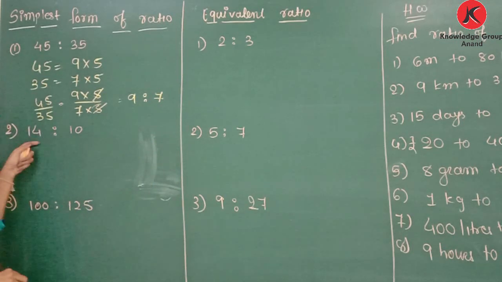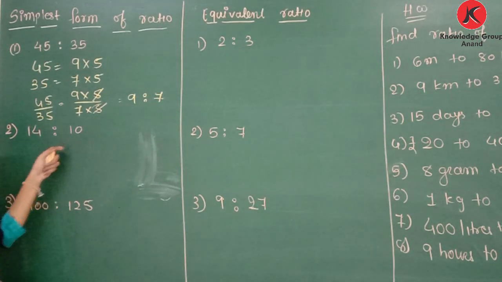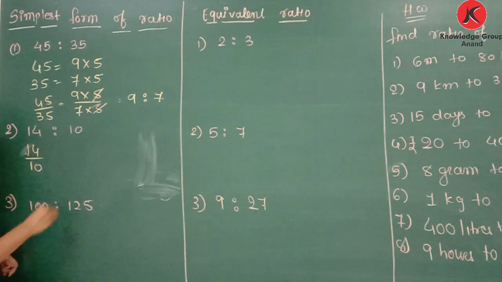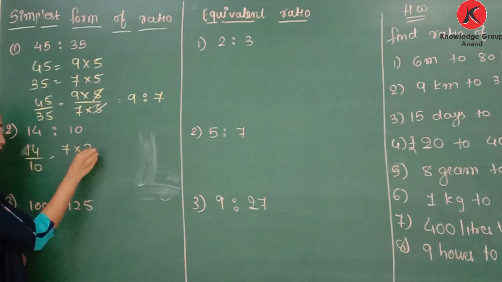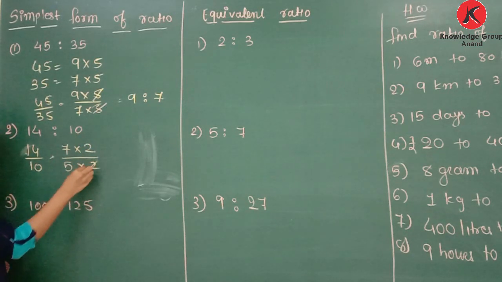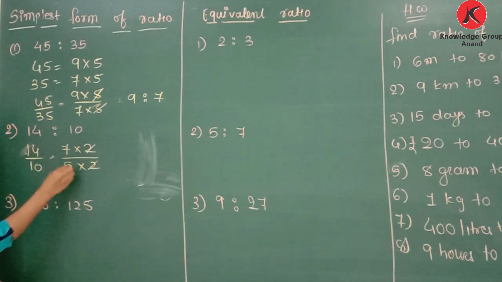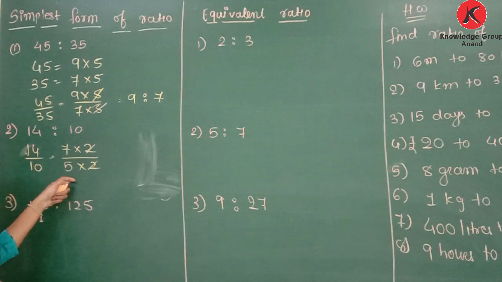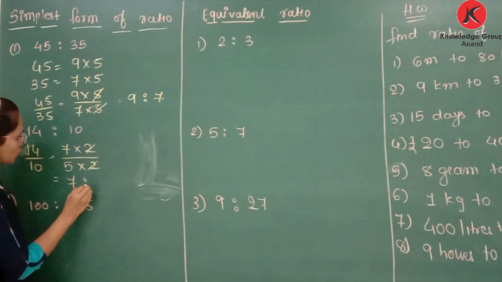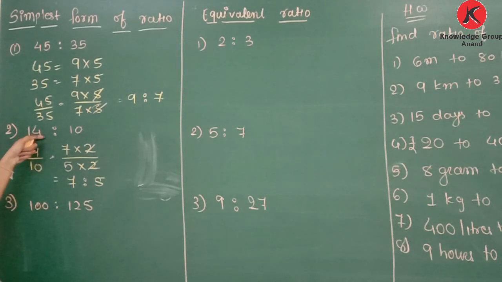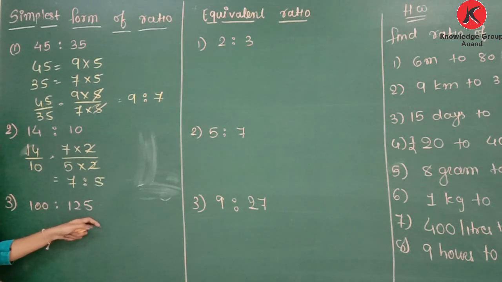Now next one, 14 is to 10. Here we can write 14 divided by 10. The factors of 14 are 7 multiplied by 2 and of 10 are 5 multiplied by 2. So here you can cut the common factor 2. Now there is no common factor between 7 and 5 other than 1. So it is 7 is to 5. This is the simplest form of the given ratio. Now next one, 100 is to 125.